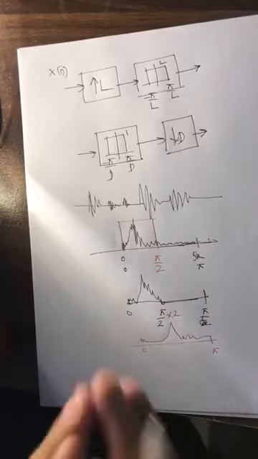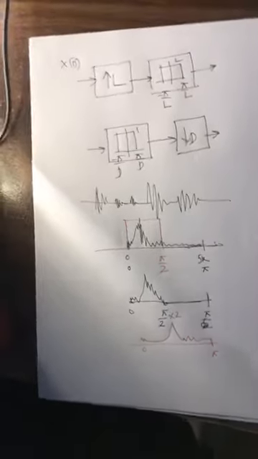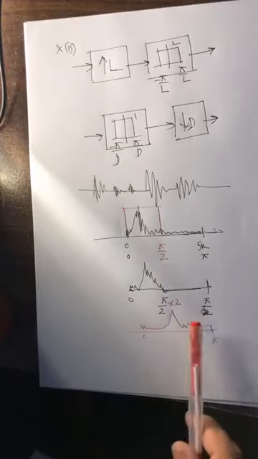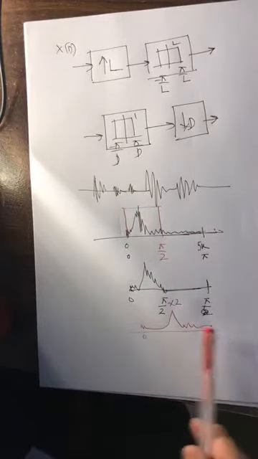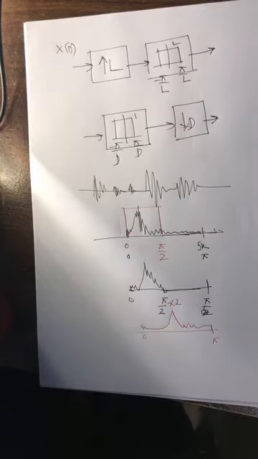After throwing away samples, you again are going to expand the signal, and the spectrum will be full spectrum going from 0 to pi once you throw away part of the spectrum. And this you are doing by passing it through a filter first and then throwing away samples.